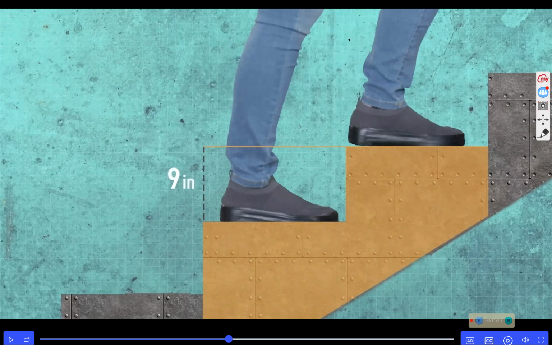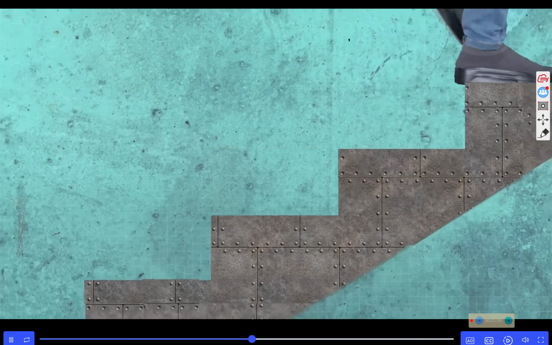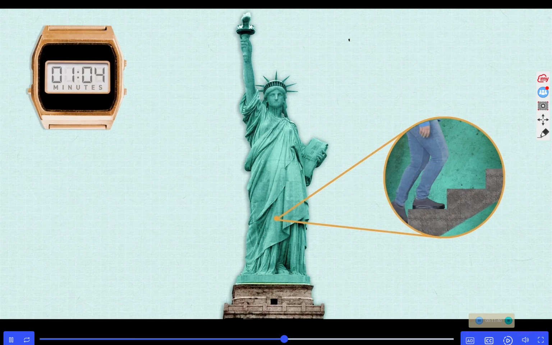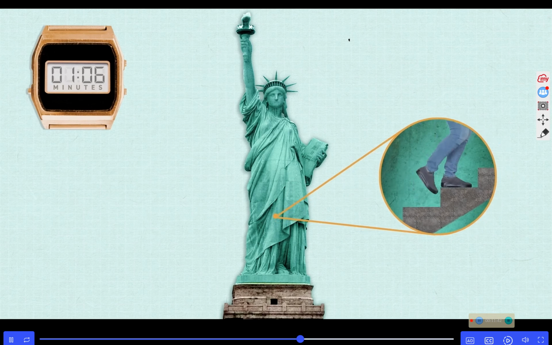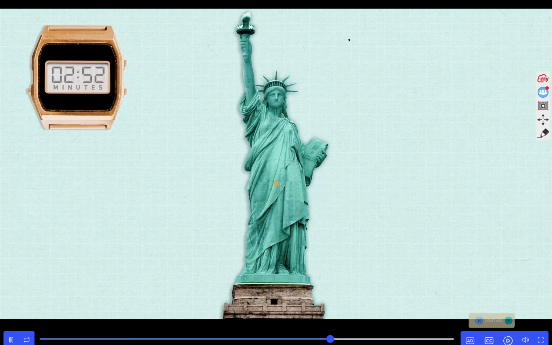We originally said that in 5 seconds she takes 3 steps. Let's watch again. 1, 2, 3. So maybe we needed to over approximate on that.